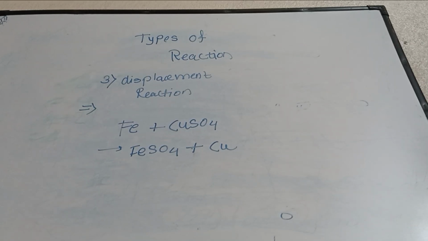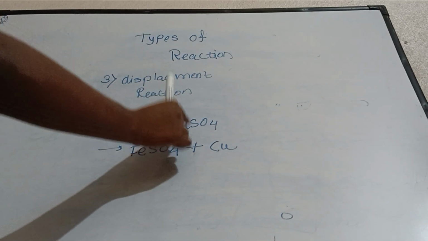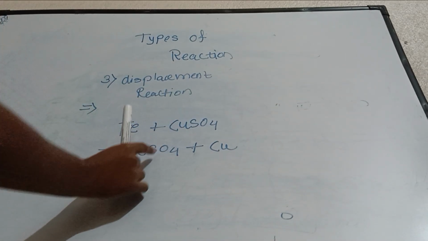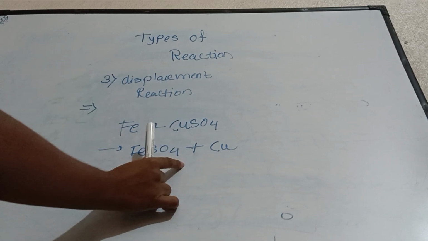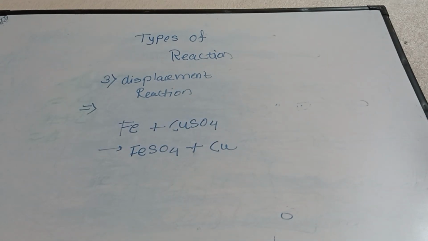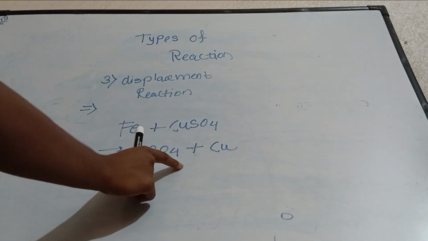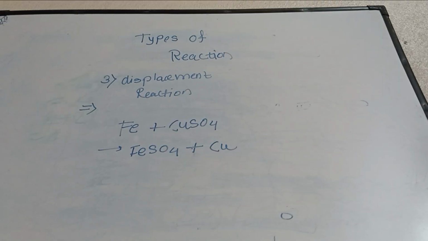Fe displaced Cu and joined with SO4, FeSO4 and Cu separate. First, Fe was separate, then he wanted to bond with SO4, so he joined with SO4, but he kicked away copper. But how are we going to know who is going to take the place of whom?